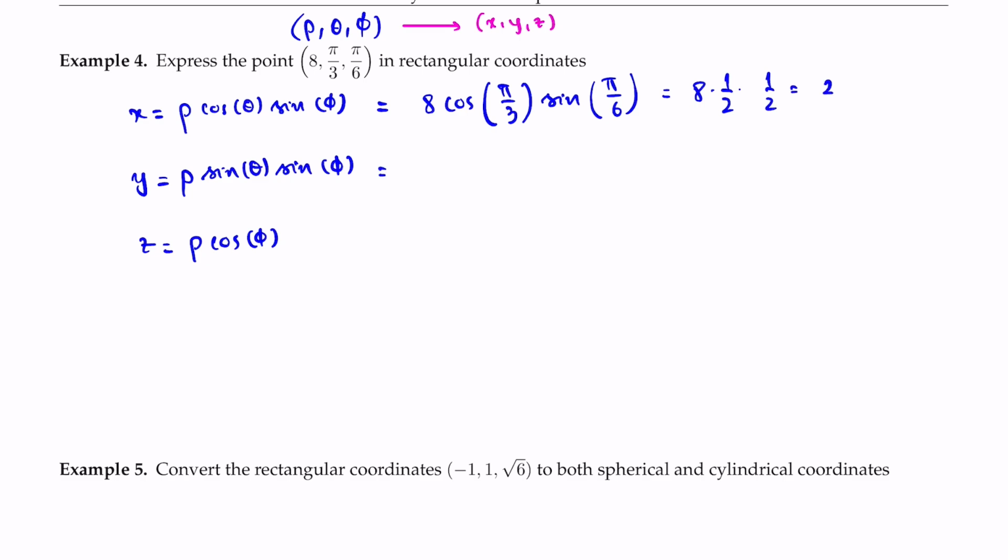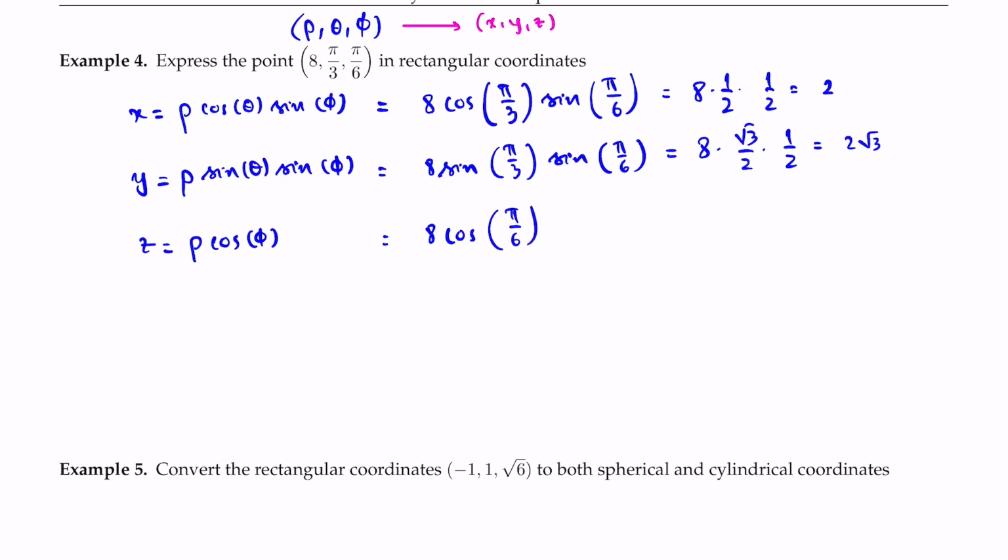For the y component, you have 8 times sine of pi over 3 times sine of pi over 6. So this gives you 8 times root 3 over 2 times 1/2, or this is 2 times root 3. And for the last component, z is equal to rho times cosine of phi, or this is 8 times cosine of pi over 6, or 8 times root 3 over 2.